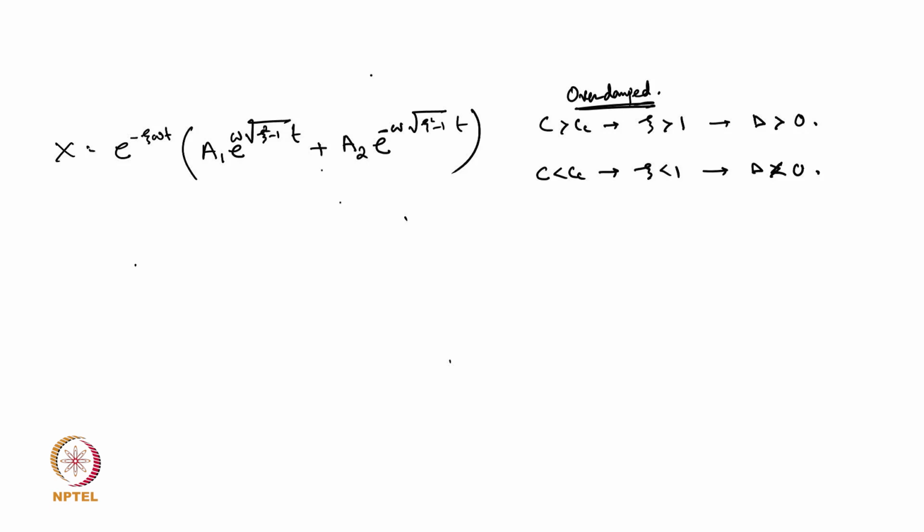Now one point I would like you to pay attention to. Once this thing is a real number, let's say we have something like e to the power of 2t, or e to the power of minus 2t.